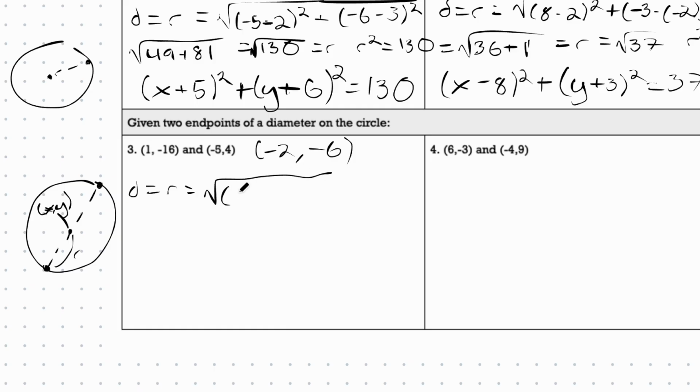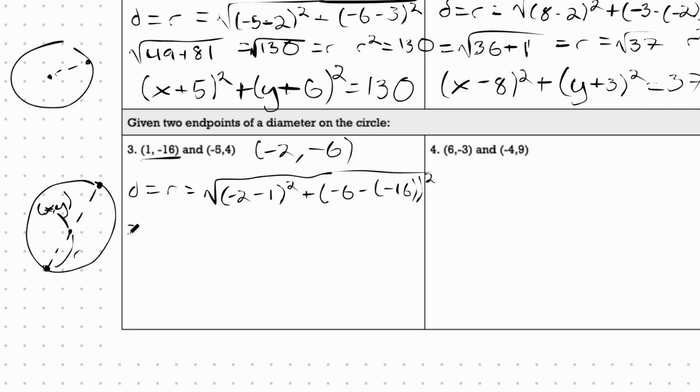So we do -2 minus, and in this case I'm just going to use this point, but it does not matter which point you use. They're both going to give you the right answer. We're going to do (-2 minus 1) squared plus (-6 minus -16) and all of that squared.